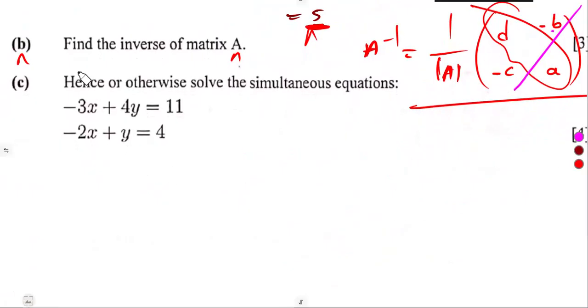Then they are saying here, hence or otherwise, solve the simultaneous equations. Why is the hence there? Because hence it's a continuation from what you just obtained.